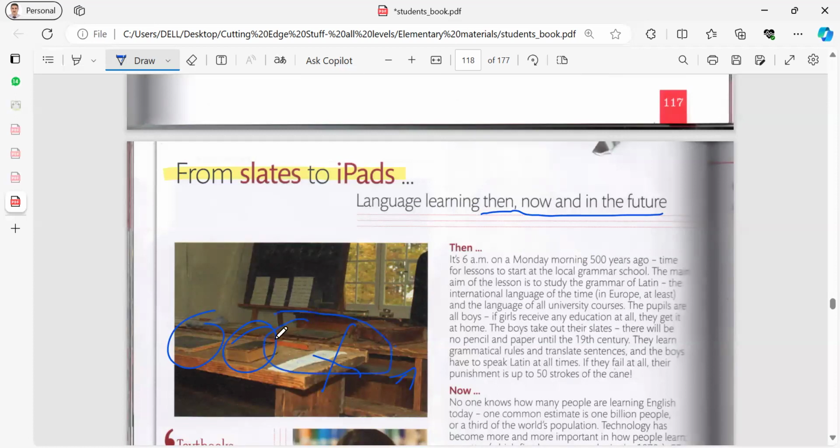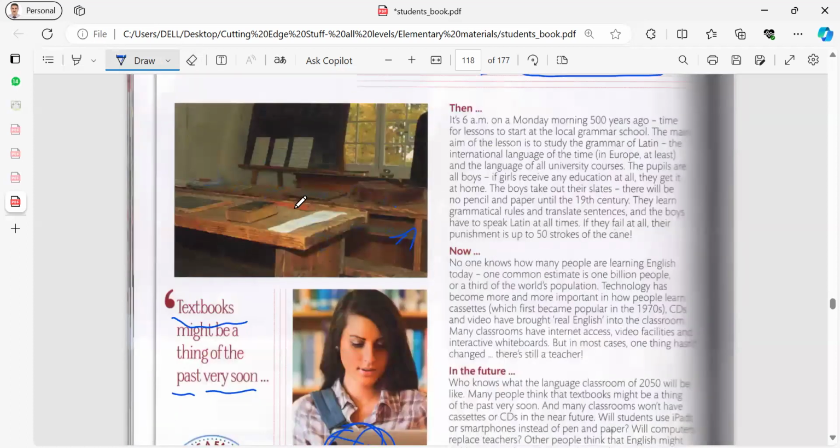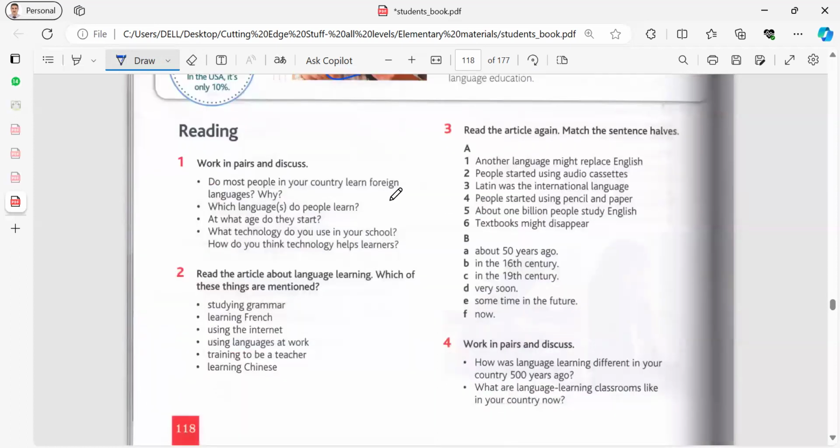Look at this one, a slate. Okay, so in the past, before using paper, they used slates. But now here, iPads. The same purpose. Here in this classroom, they learn, and in this picture, the girl also is learning using an iPad.